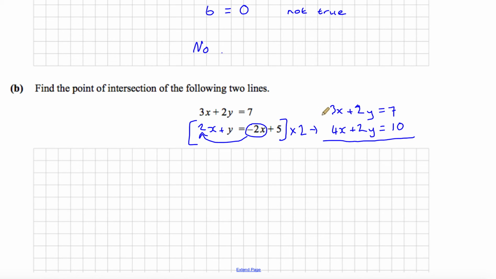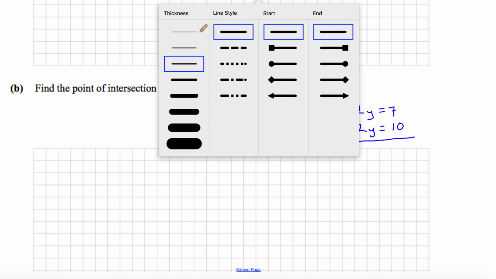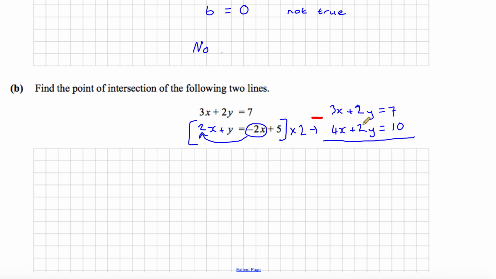So what I'm going to do here is subtract one equation from the other. I'm going to subtract upwards. You can subtract upwards or downwards. It's the same as putting the top equation underneath the bottom one. But I'm going to subtract upwards to keep my numbers positive here.